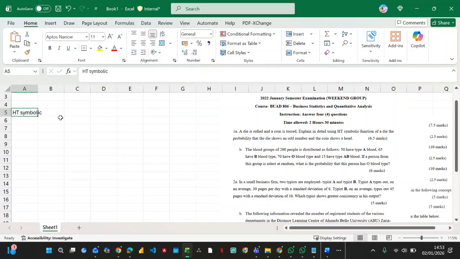Let's explain the meaning so that you understand what this means.